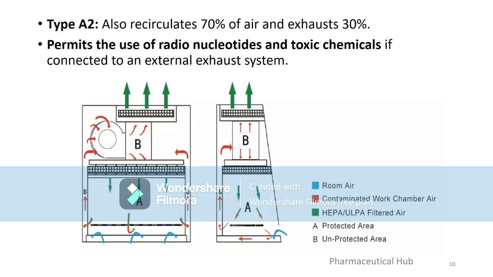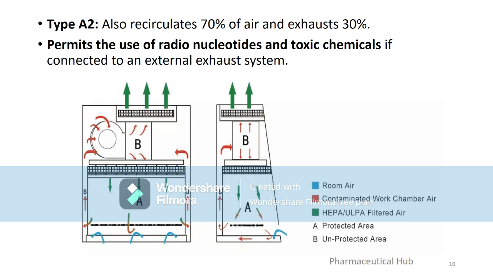A portion of the air, typically 30%, is pushed through a HEPA ULPA filter and exhausted out of the top of the cabinet, green arrows. The remaining air, typically 70%, is pushed through a second HEPA filter and recirculated back into the work area, A, as clean, sterile air.